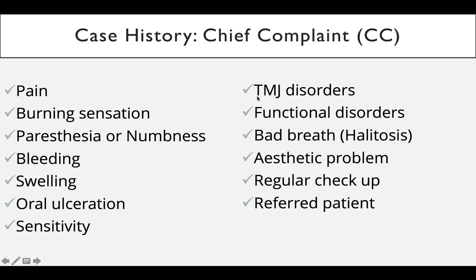And then there can be TMJ disorders, temporomandibular joint disorders, because we also go for the head and neck when we are taking history of a patient with an oral disease.